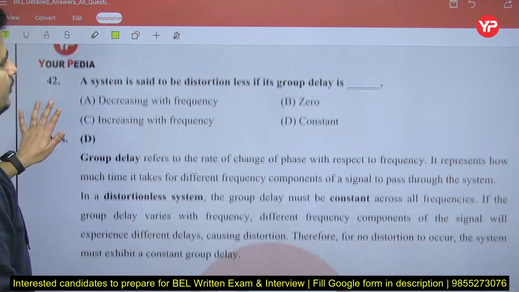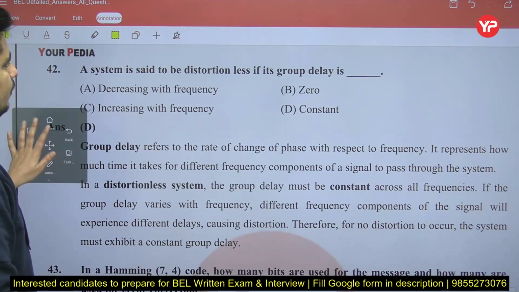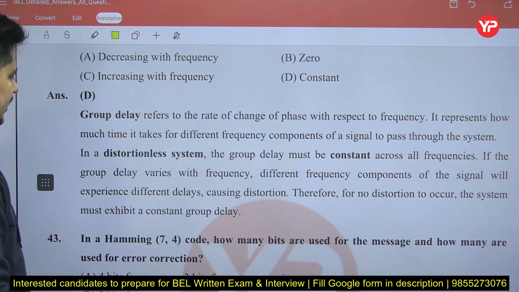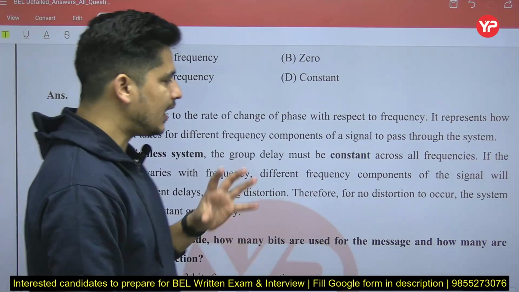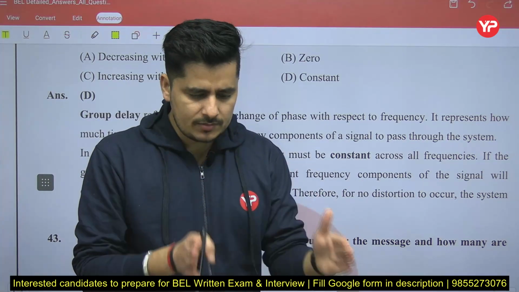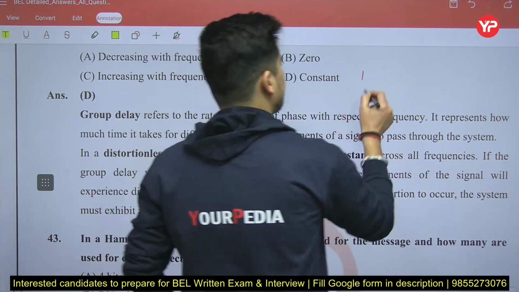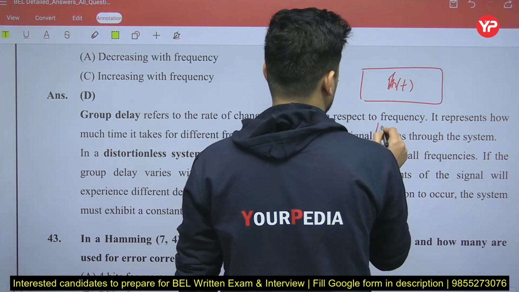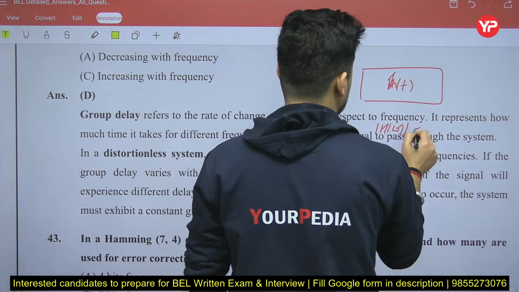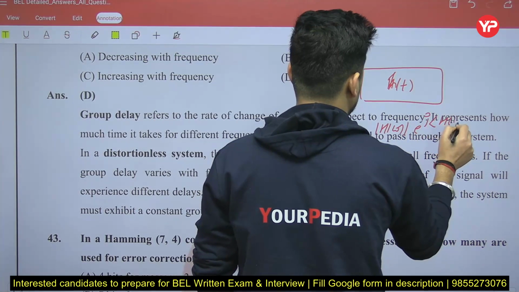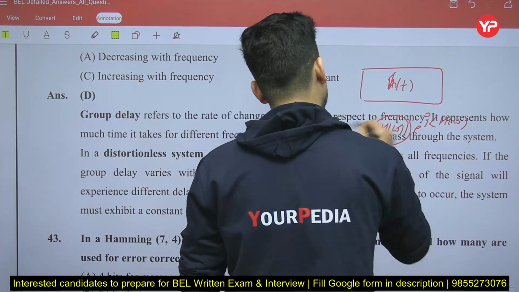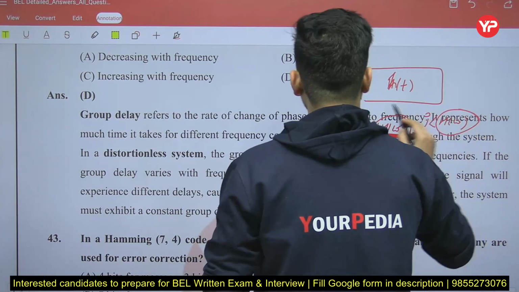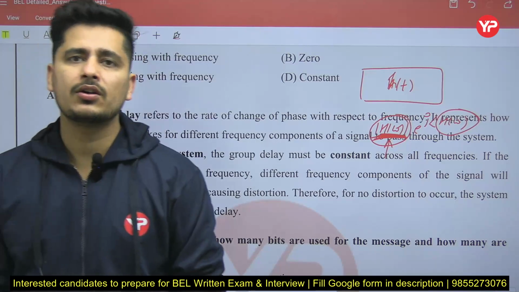The system is said to be distortionless if its group delay is constant. See, basically, if you have a system h of t, and you take its Fourier transform, that will be the magnitude of H(omega) times e raised to the power j angle of H(omega). So this magnitude should be independent of frequency, and this phase should be a linear function of frequency.